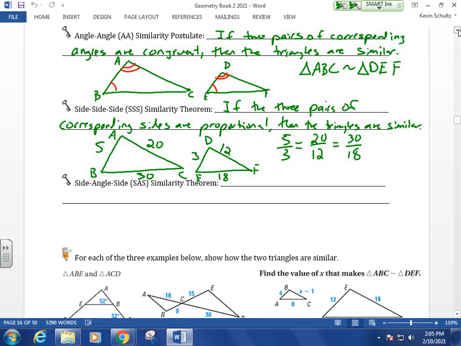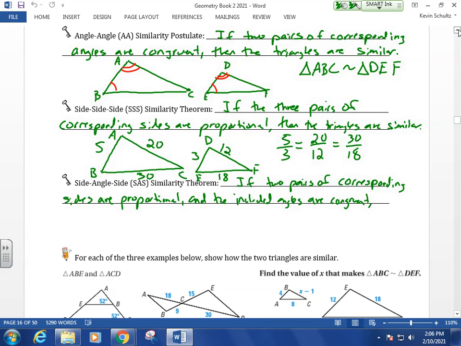All right? The last one is side angle side, and this one says, if two pairs of corresponding sides are proportional and the included angles are congruent, then the triangles are similar.